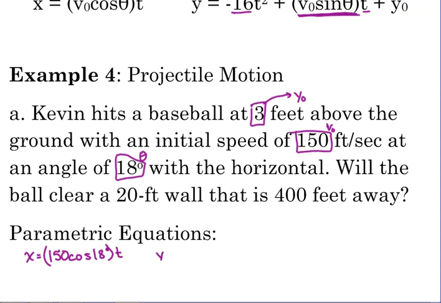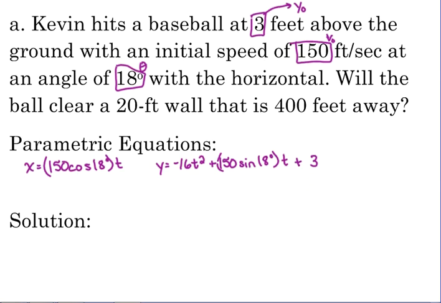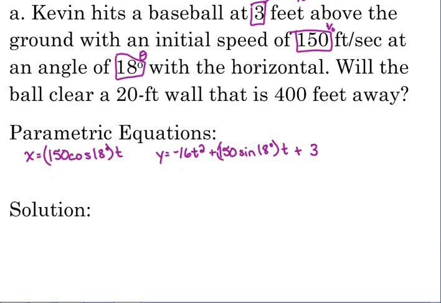Our y equation is -16t squared plus our initial velocity times the sine of our angle times t plus our initial height of 3. We've got to find out when the wall is 400 feet away.